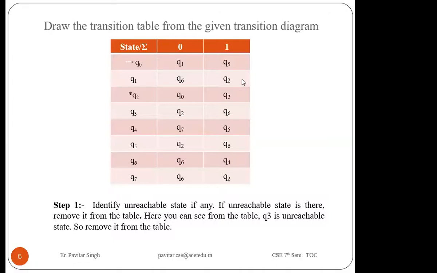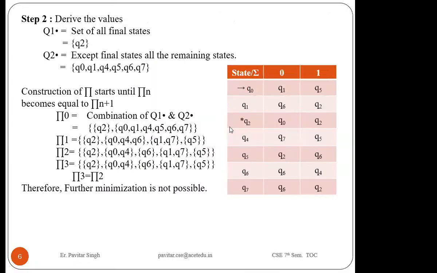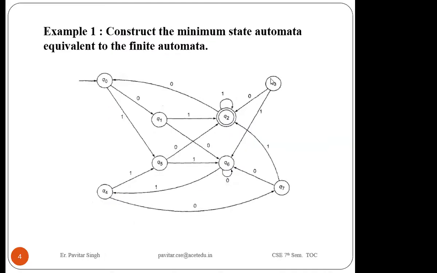From the diagram, you can clearly see that here Q3 is the state where you can't reach, right? So you don't have any edge starting from the initial state which will take you to Q3 state. So here Q3 state is acting as an unreachable state. So this is the concept with the help of which you can find unreachable state in your diagrams.